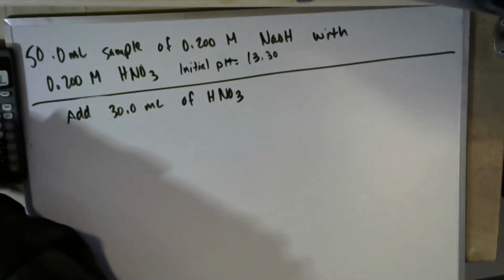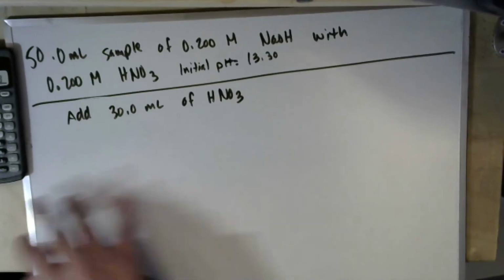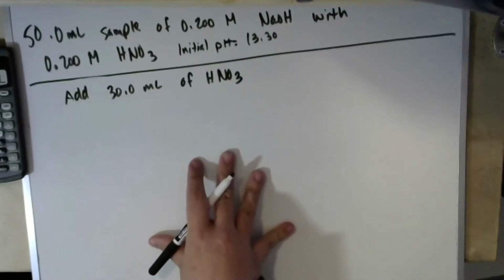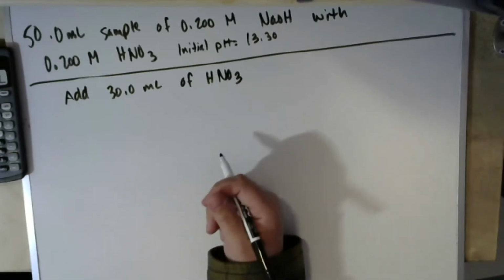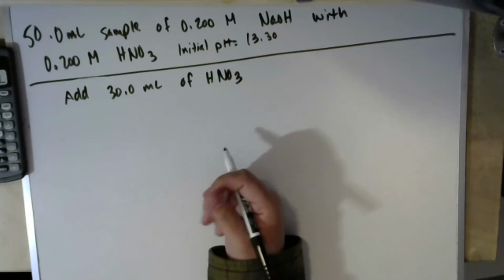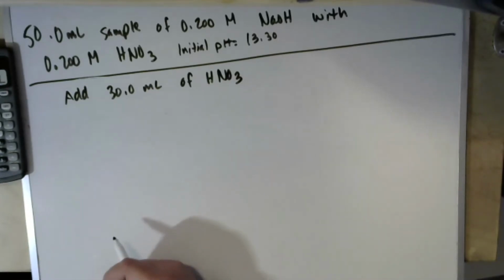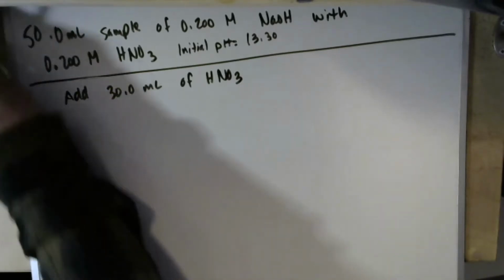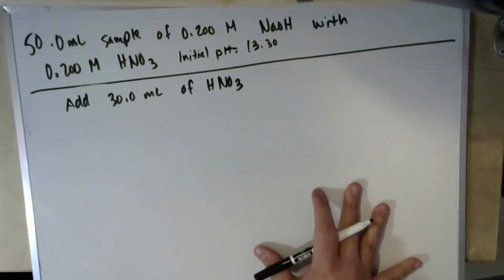Once you know the concentration of the hydrogen ion or the hydroxide ion when you're doing a strong acid and a strong base titration, you're going to be able to do a pH calculation directly from that. So there's no Henderson-Hasselbalch step, and there's not even an ICE table that you need for a strong acid and a strong base titration.